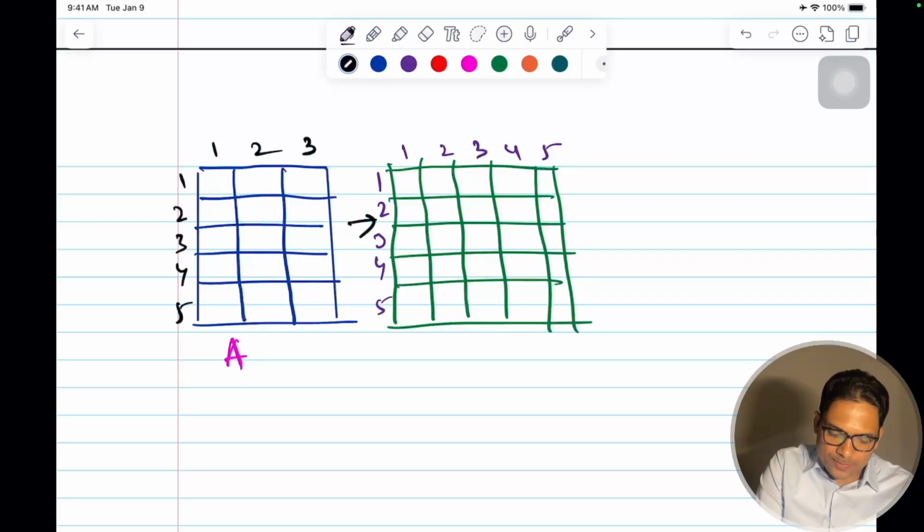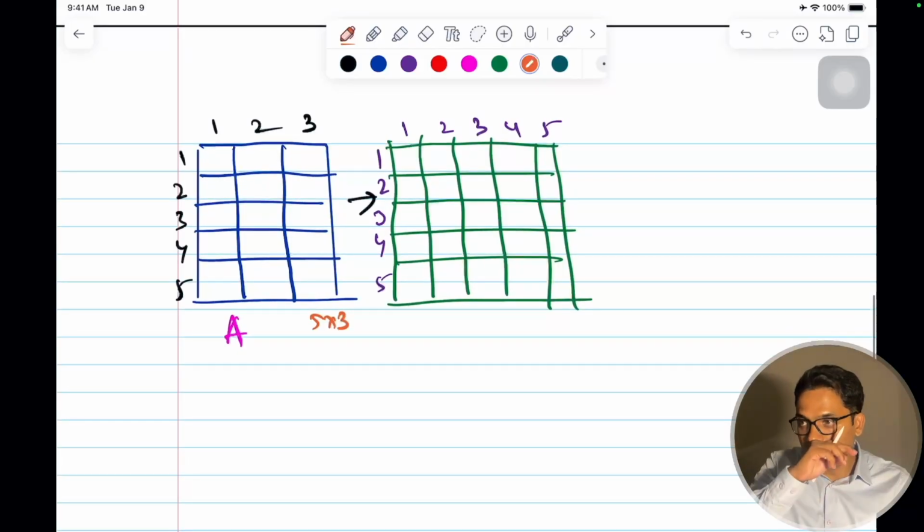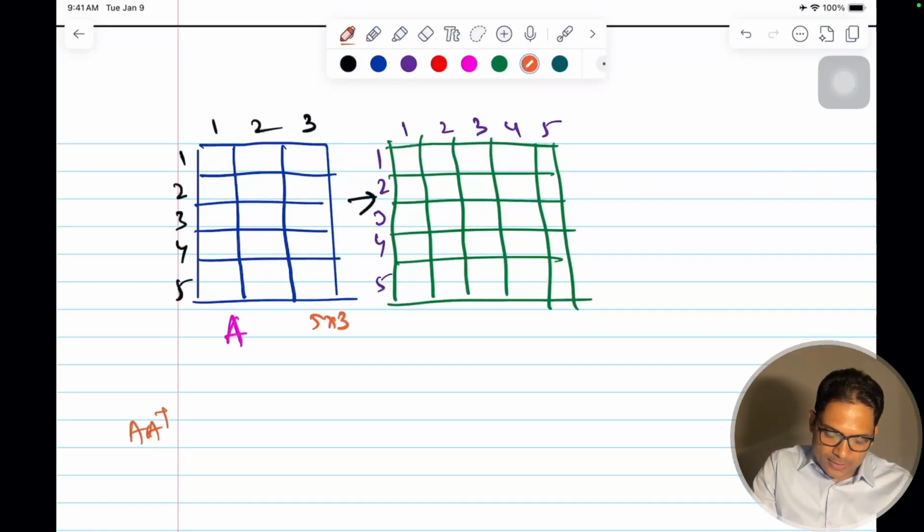This dimension is 5 cross 3, right? So A transpose will be 3 cross 5. So this is your U matrix, and this will be 5 cross 5.